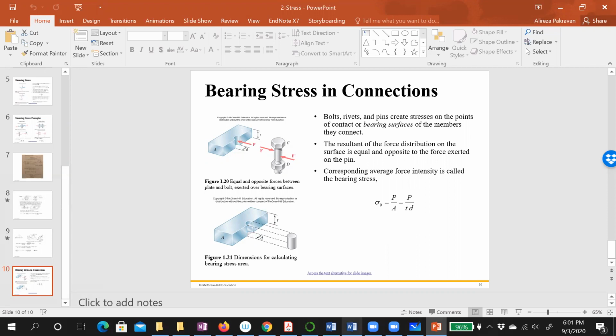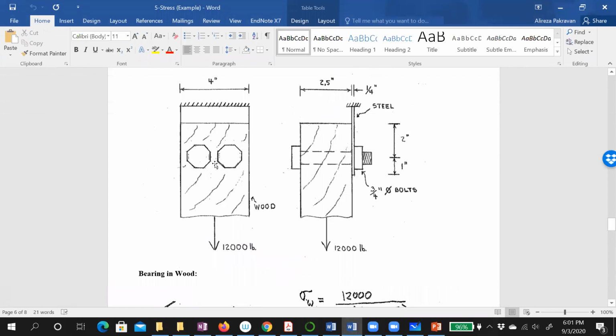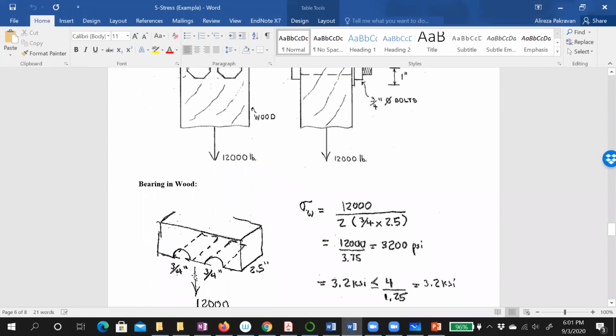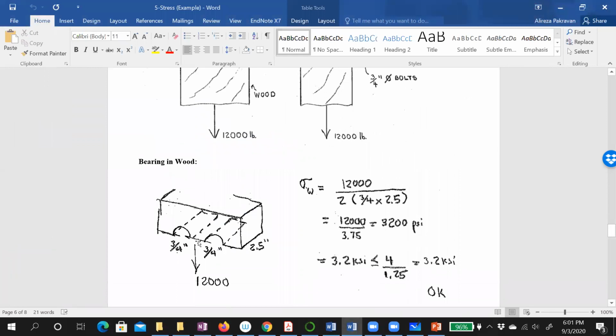So now let's go to the problem. For the wood, we have these 2 bolts here. The diameter of the bolt is 3/4, the thickness of the element is 2.5, and the 2 means, since we have 2 bolts, right? 3/4 diameter of the bolt times 2.5 means just this area.